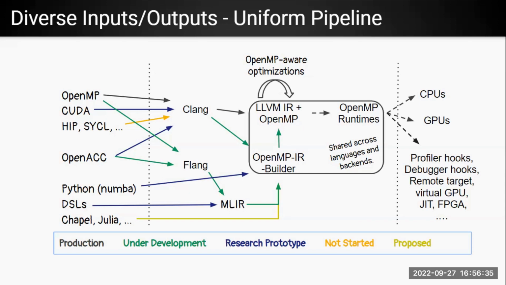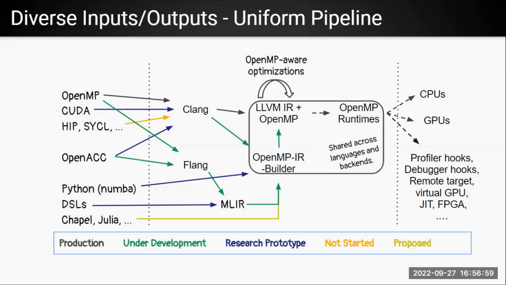OpenACC to OpenMP translation happens through Clang and is part of Flang. So Flang will support OpenACC, and there's a lot of work going on to support those pragmas. But there will not be a standalone OpenACC runtime or standalone offloading ecosystem. It will all go through an extended OpenMP device runtime, and so on and so forth.